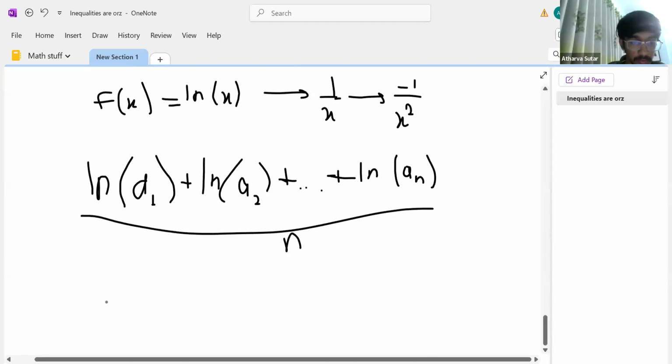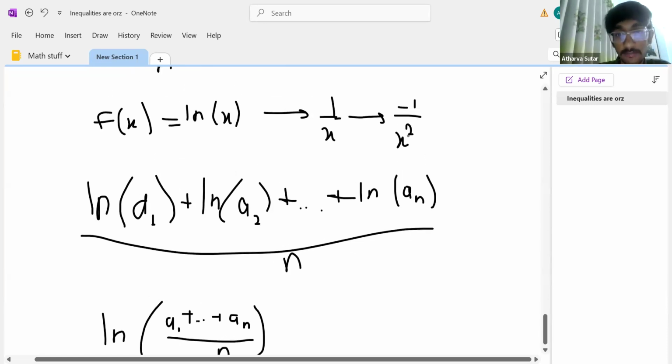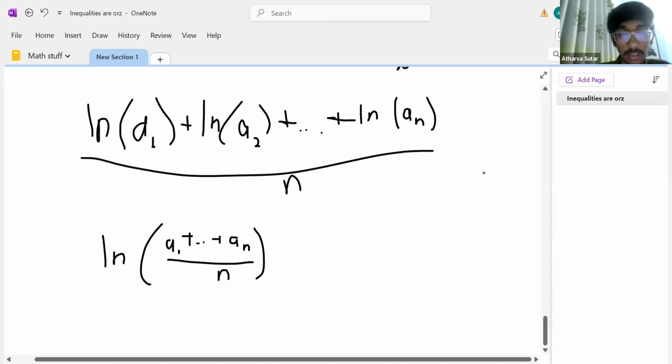And the RHS term would be ln of a1 plus and so on. And now since the function is a concave function, the sign of the inequality is reversed. So basically, this is greater than this.